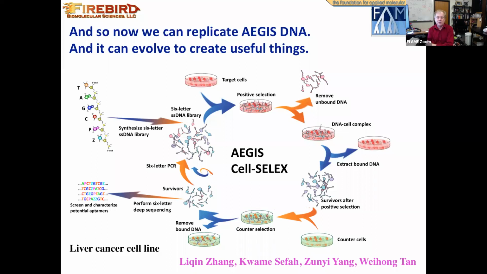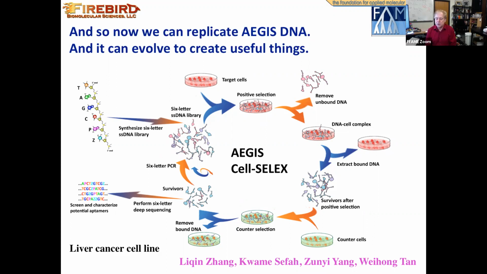You then spoon the library onto target cells. These are going to be liver cancer cells. Of course, as you know, most of the components of the library will not bind to the liver cancer cells, and so they get washed away, but a few will bind. And so you extract the bound DNA, and these are the so-called survivors. You're now around 4 o'clock on this clock as you go clockwise around the scheme. Now we take counter cells.